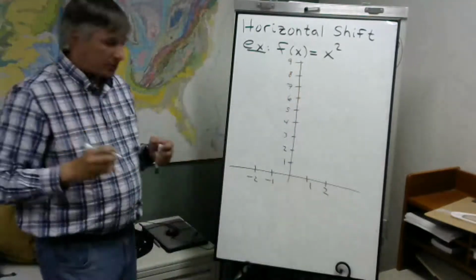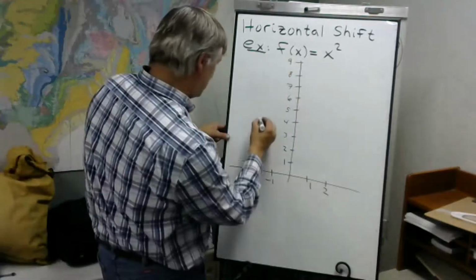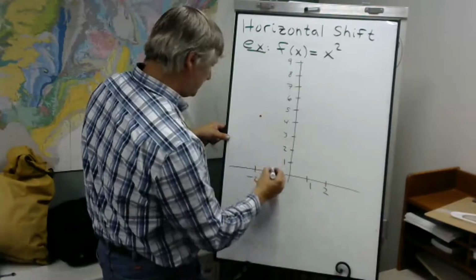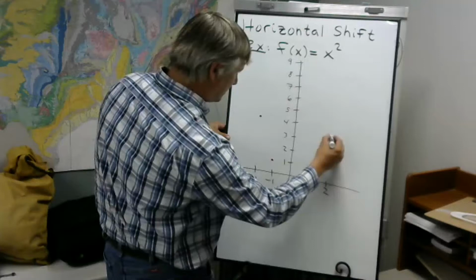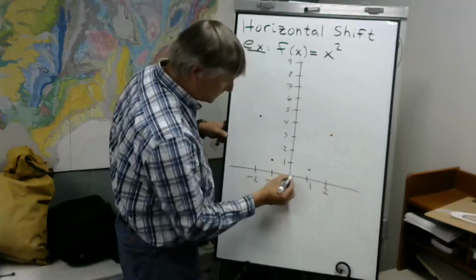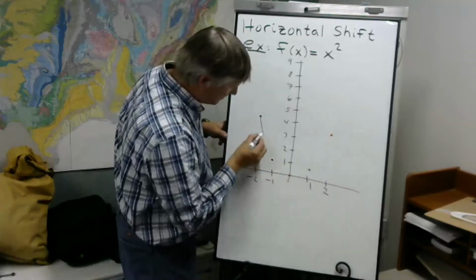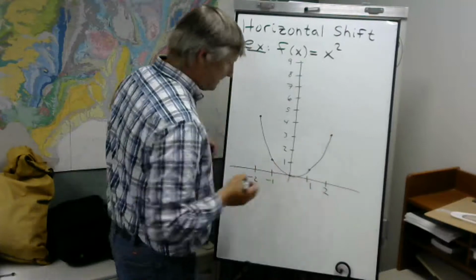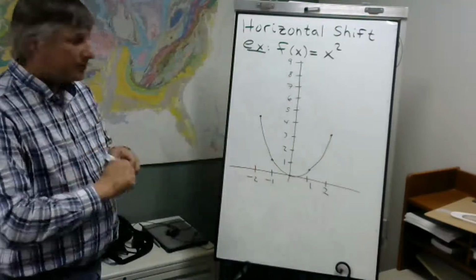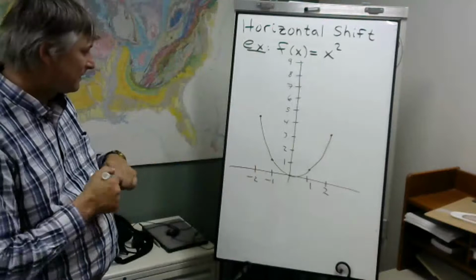So the original curve at -2, 4, -1 and 1, 1 and 1, 2 and 4, and then 0 and 0. We're going to get this. Now, if we graph the other ones.